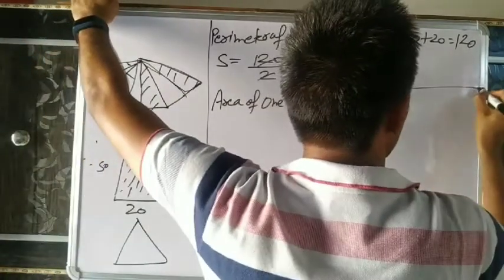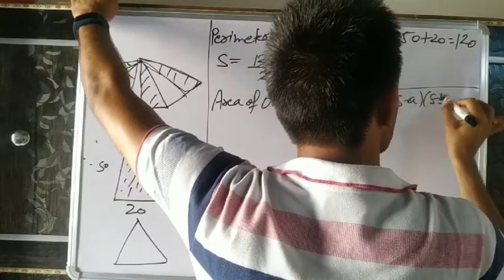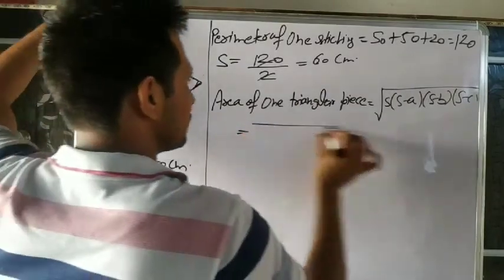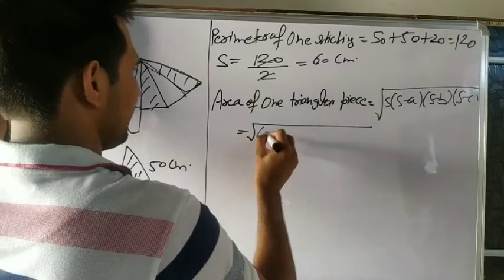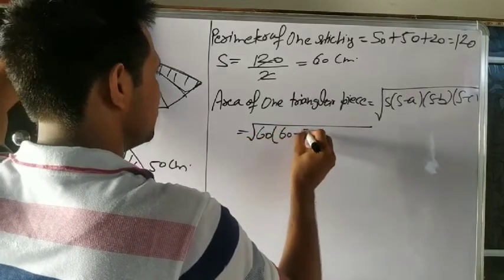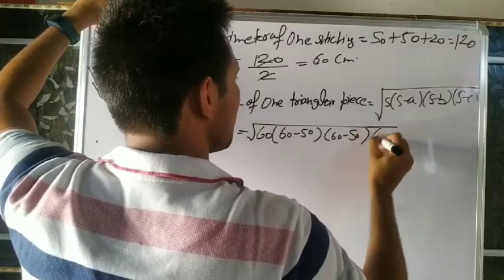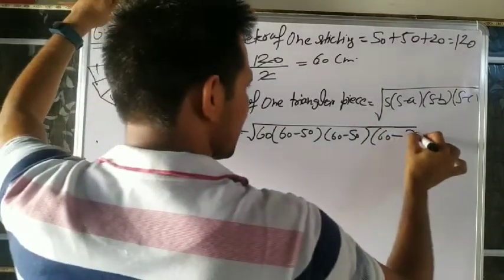Everyone knows Heron's formula: root of S times S minus A, S minus B, and S minus C. So how will you find the area? S is 60, minus first side, minus second side, and minus third side.